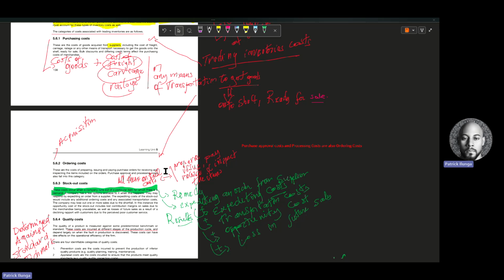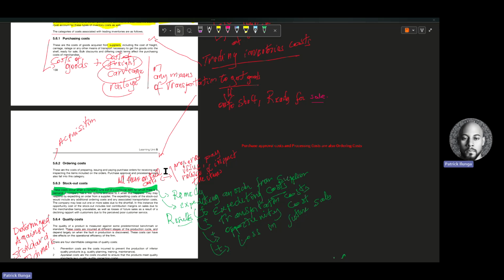Purchase approval costs and processing costs are also parts of ordering costs. The purpose of me making sure that we cover all these elements is to make you understand that the term ordering cost encompasses more than just the fact that you are ordering, right?